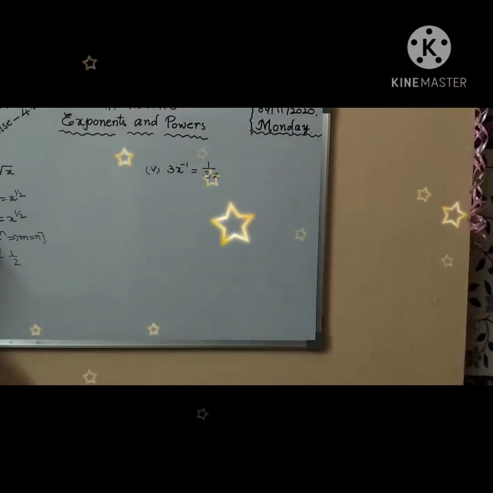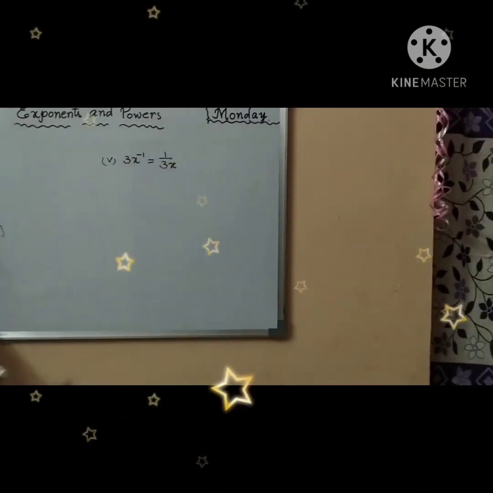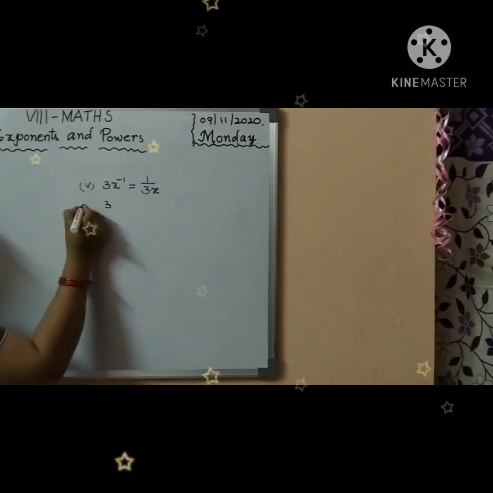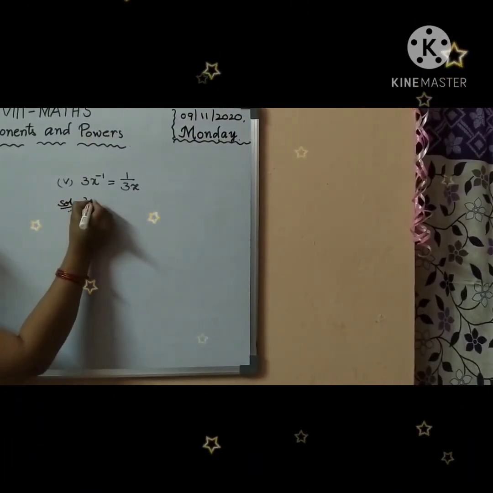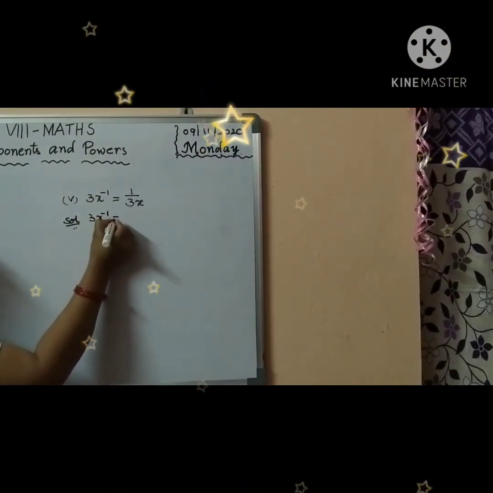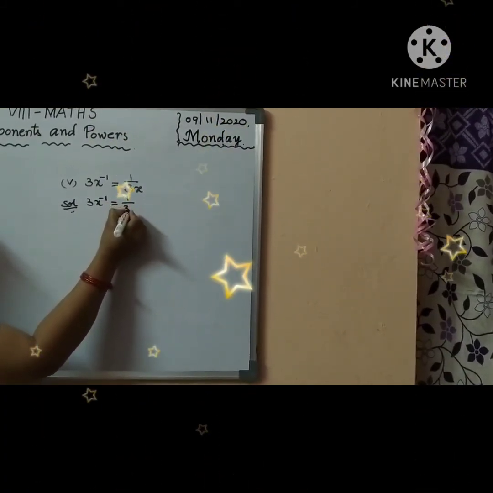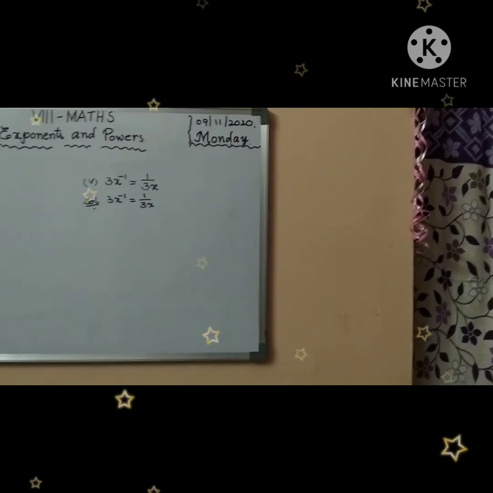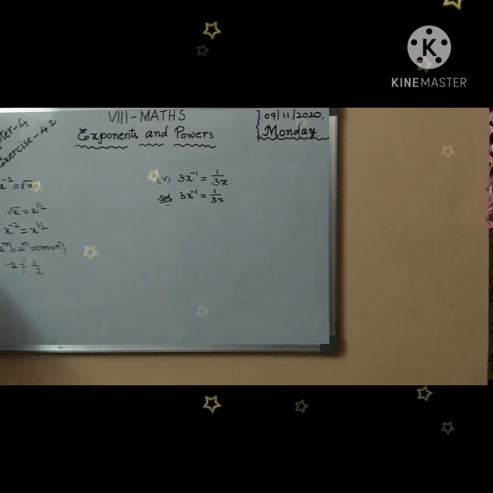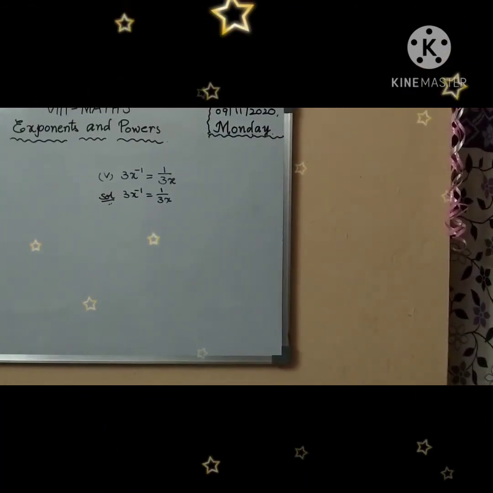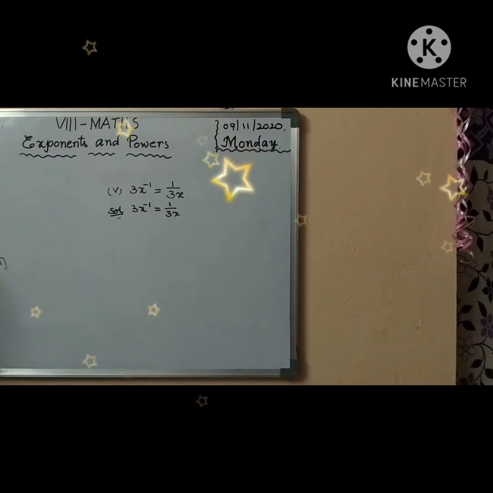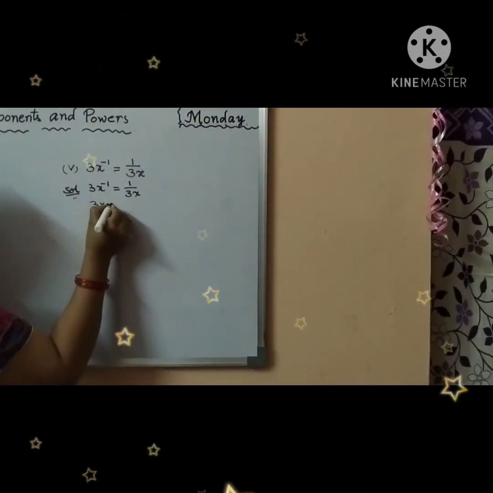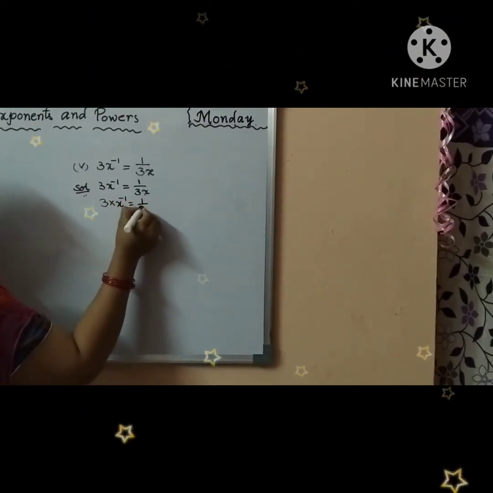Next, the fifth problem. Solution: 3x power minus 1 equals 1 by 3x. Do we agree or not? 3 into x power minus 1 equals 1 by 3x.